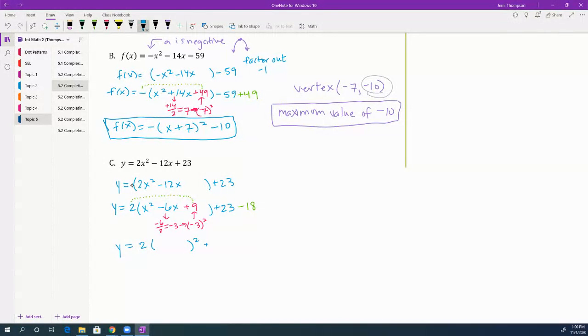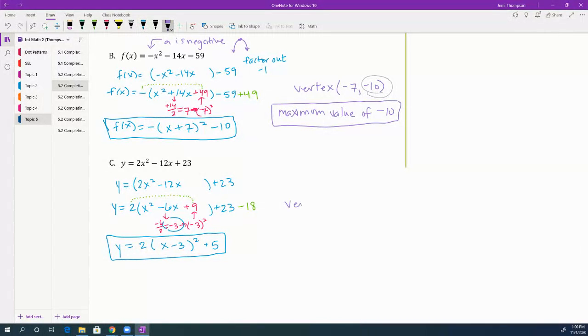Let's see, I've got a 23 minus 18, that gives me 5 over here. And when I factor this, I get x minus 3. So y is equal to 2 times parentheses x minus 3 quantity squared plus 5. That is my equation in vertex form.